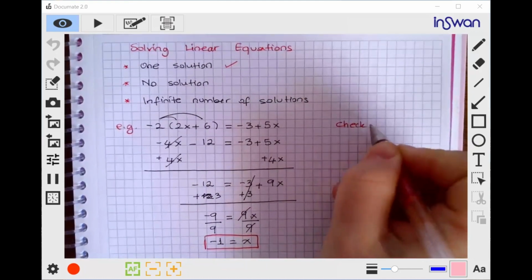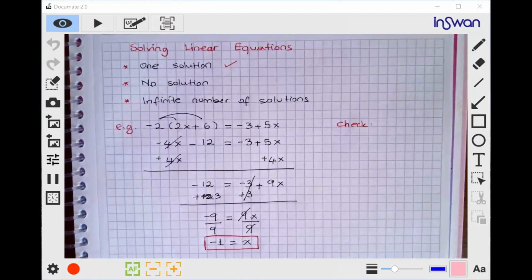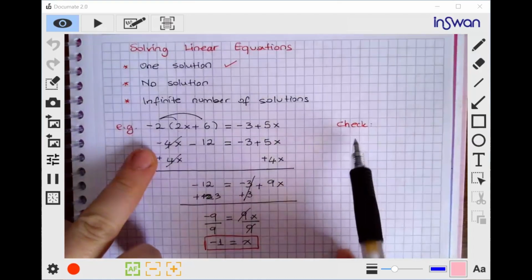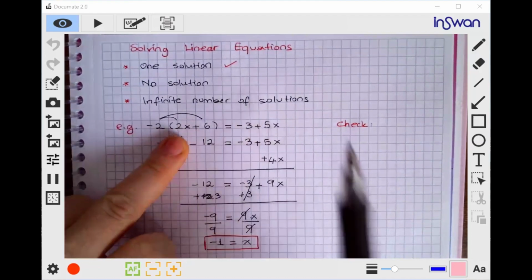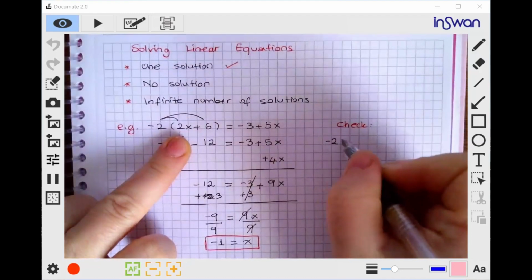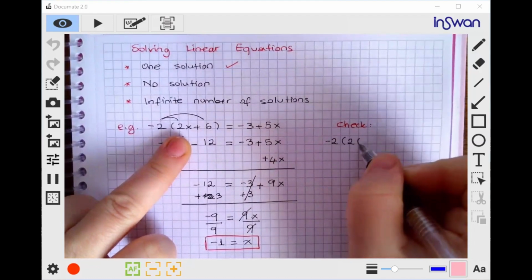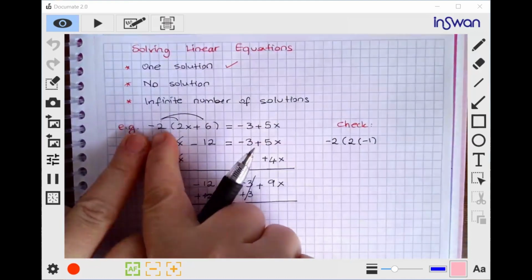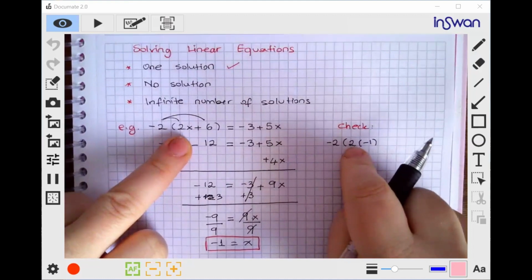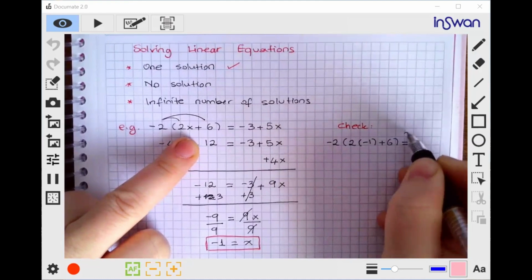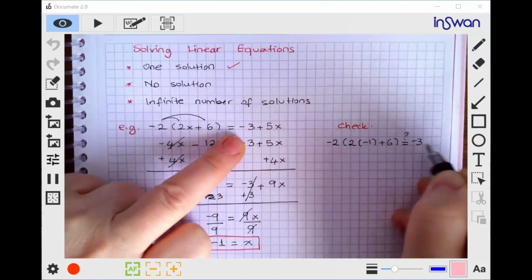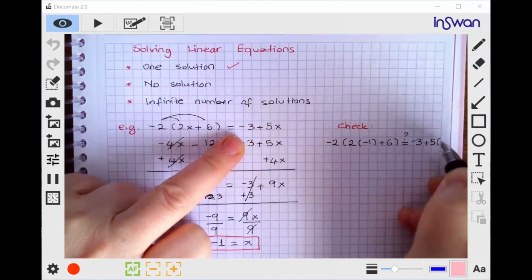Now let's check if we did it correct. So how do we check an equation? We just need to plug the value into the variable and see if the equation is satisfied. So negative 2 times negative 1 plus 6, is that equal to negative 3 plus 5 times negative 1?